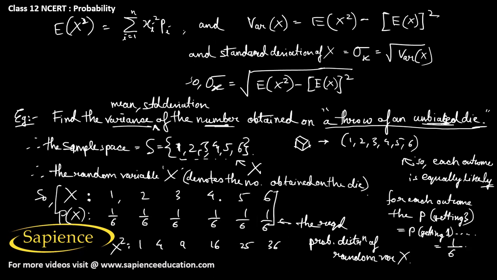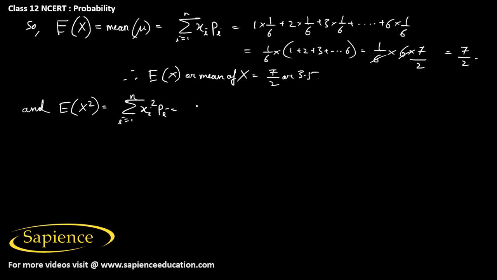So that would be 1 square into 1 by 6 plus 2 square into 1 by 6 plus 3 square into 1 by 6 plus and so on, plus 6 square into 1 by 6.